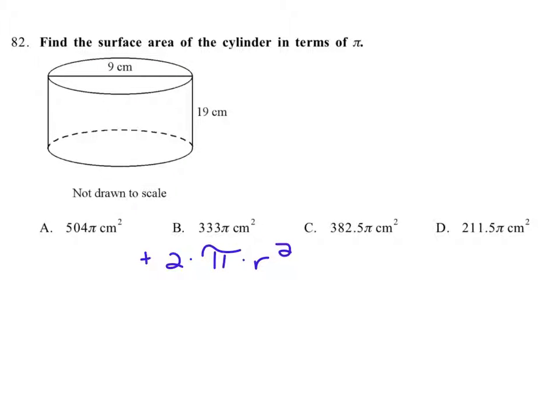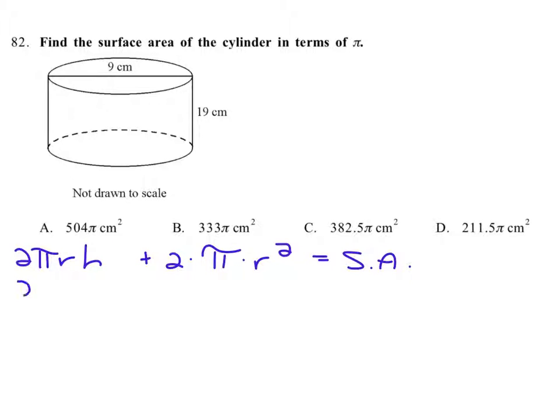Okay, so if we can find the circumference, and the circumference is 2 pi r for a circle, 2 pi r, and then you do that times the height, you'll get that lateral surface. Okay, so all of this will equal the total surface area.